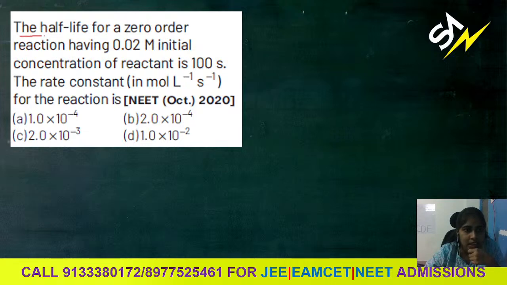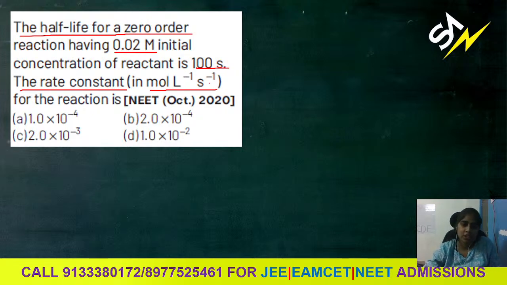What is given? The half-life for a zero order reaction is given as 100 seconds, having concentration as 0.02 molar. So what do we need to calculate? The rate constant. What are the units for the rate constant? For a zero order reaction, mole liter inverse second inverse.